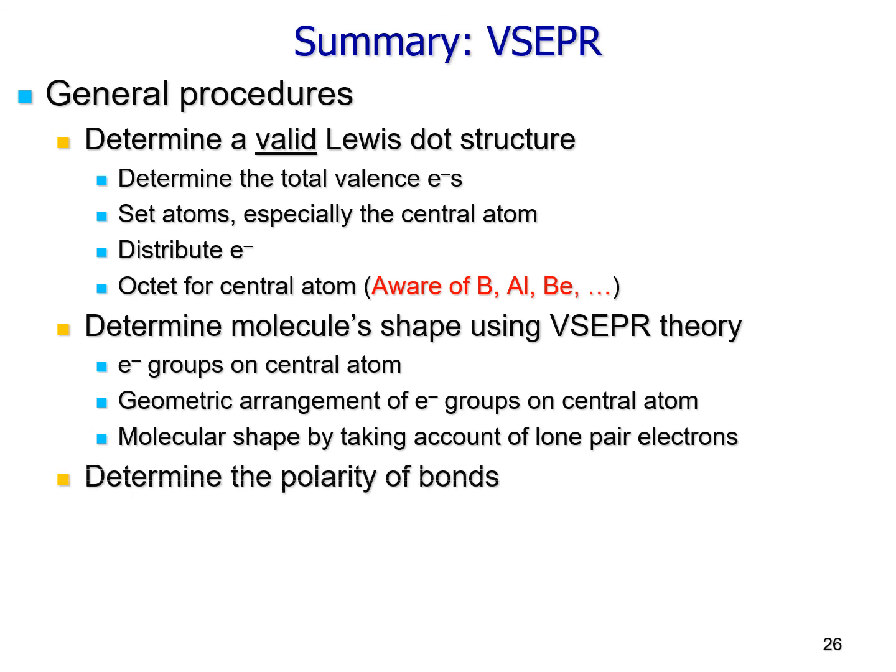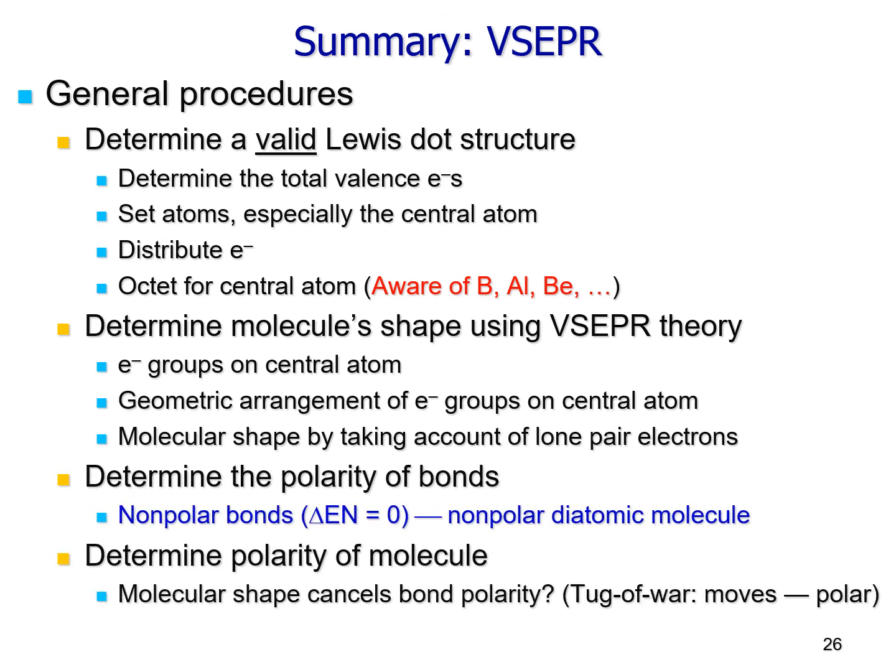But before that, we need to determine the polarity of the bond. All you have to do is check the difference in electronegativity of the bonding atoms. If that's 0, fine, nonpolar. If non-zero for delta EN, it's polar. As we just realized, even with a polar bond within, the molecule can be nonpolar.